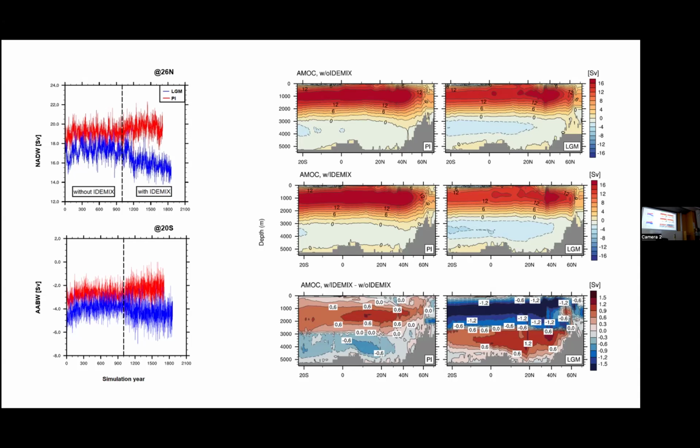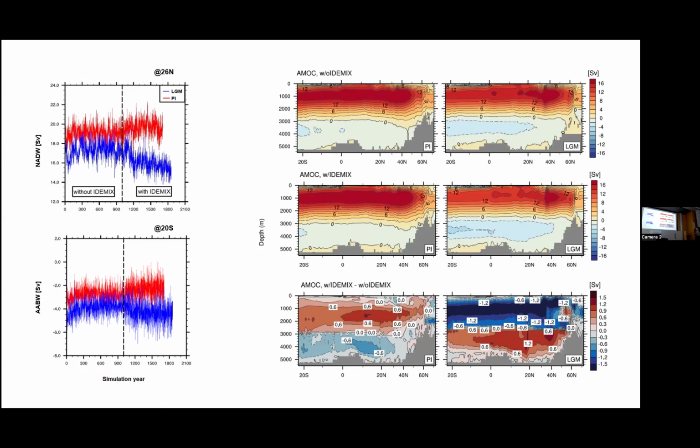And as you see, when you look at the first 4 plots here, you don't recognize much differences except the Antarctic bottom water here. It got a little bit stronger for LGM, but that's the only thing we saw. That's why we also wanted to check the differences between these 2 cases again.